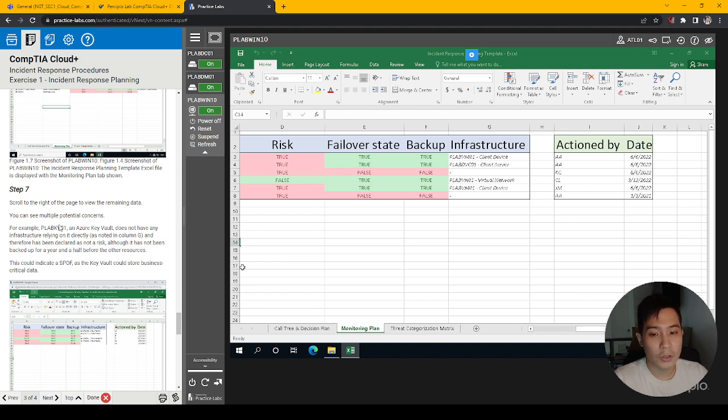And you can see multiple potential concerns. For example, in one of the machines, an Azure Key Vault does not have any infrastructure relying on it directly, as noted in column G, and therefore has been declared as not a risk, although it has not been backed up for a year and a half before the other resources.